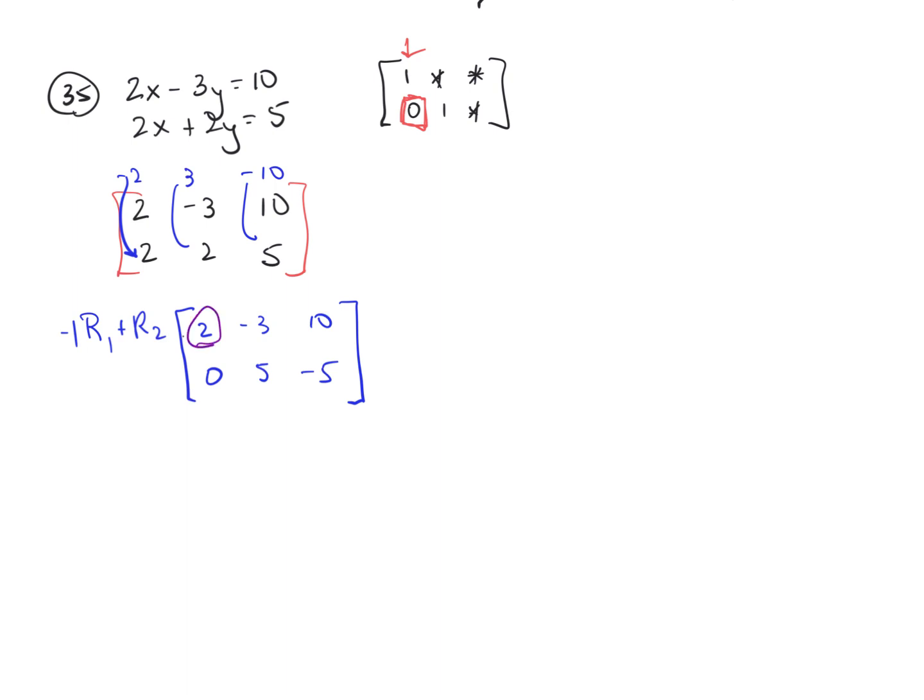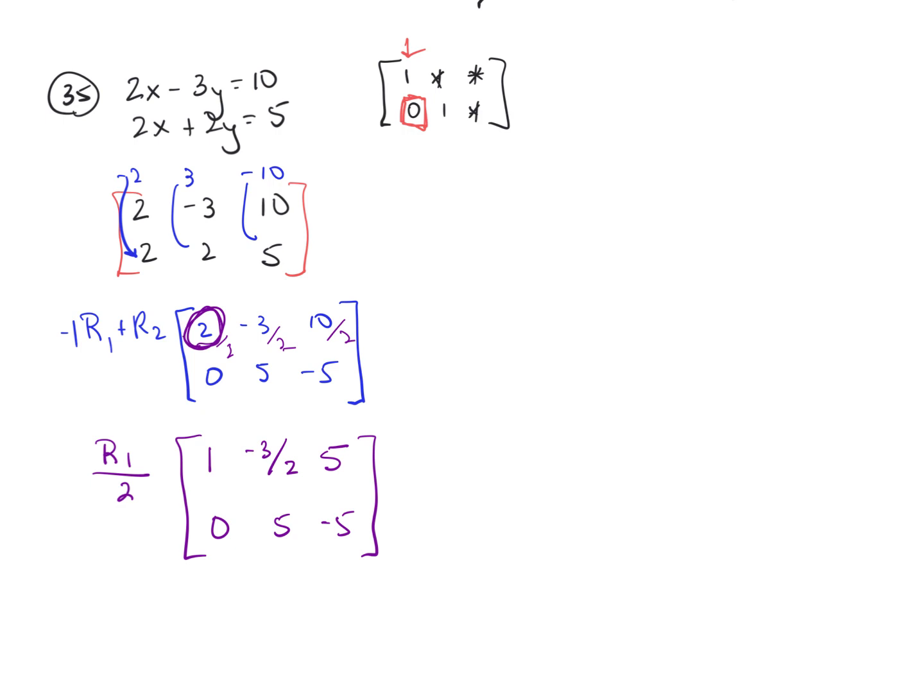To get a 1, usually we take row 1 and divide by whatever number I want to make a 1. So 2 divided by 2 is 1. -3 divided by 2 is -3 over 2. 10 divided by 2 is +5. And then I have 0, 5, -5.